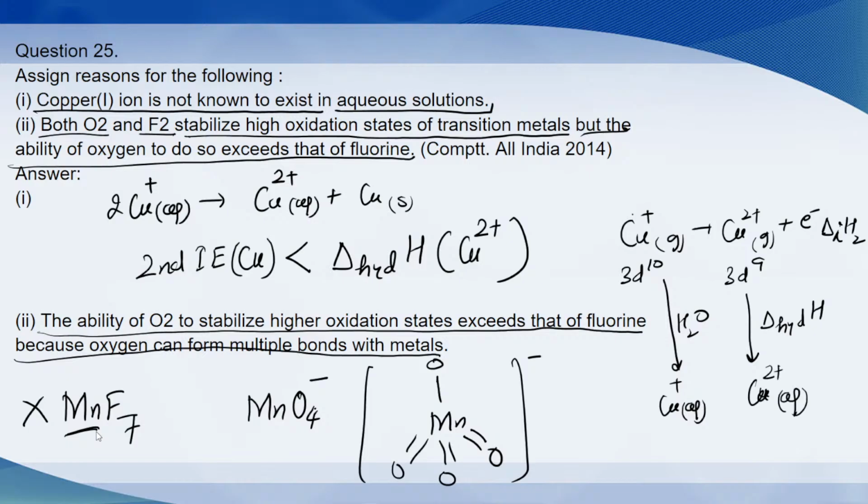But it is easier to accommodate 4 oxygens around manganese. And that's why manganese can exhibit the +7 oxidation state with oxygen, but not with fluorine. So it is because of the ability of oxygen to form multiple bonds.